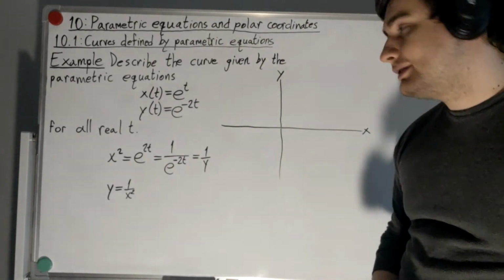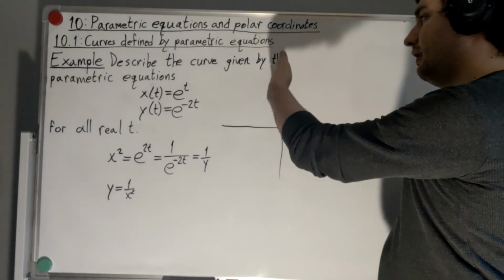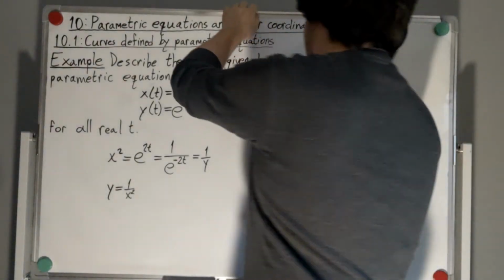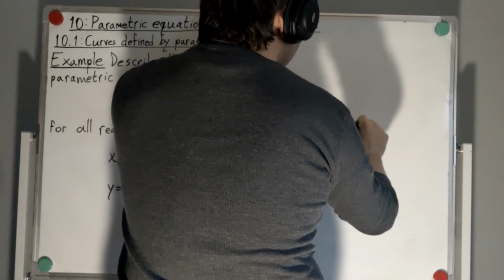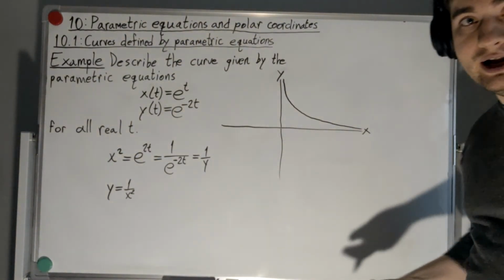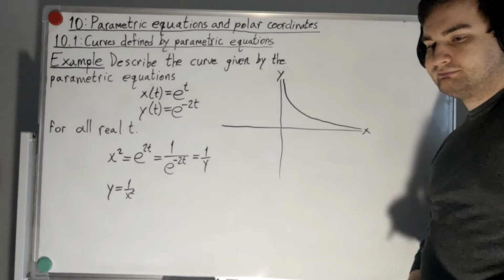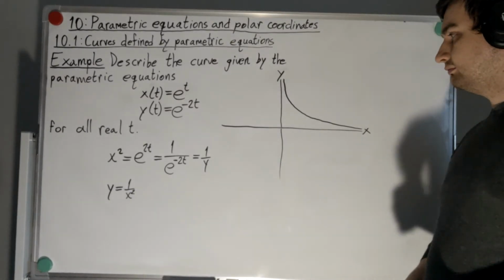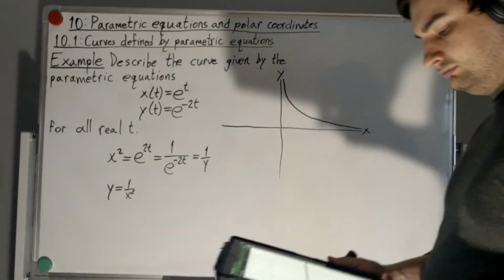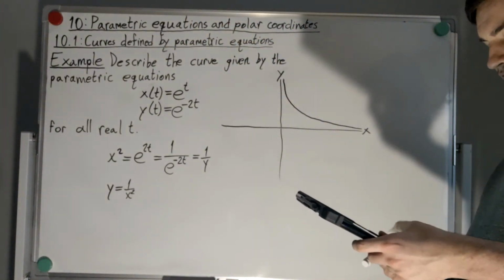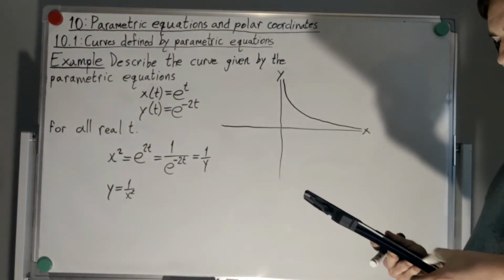Okay? That means that this curve, which would normally have a wing on this side, is actually only going to have the part where x is positive.